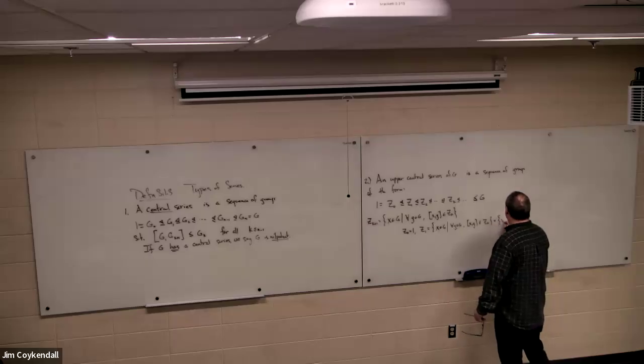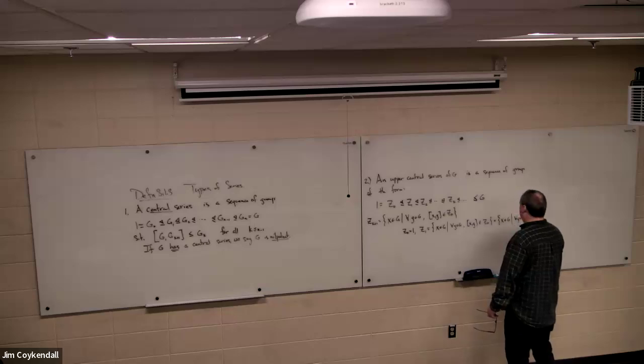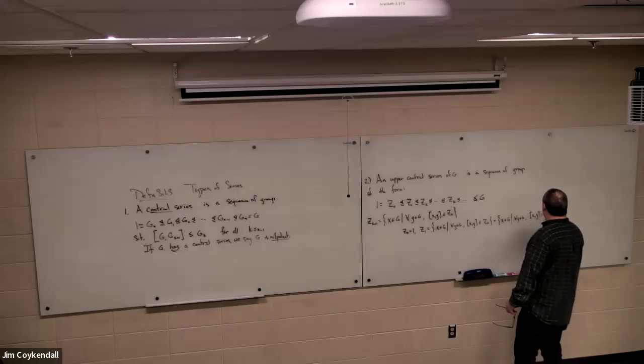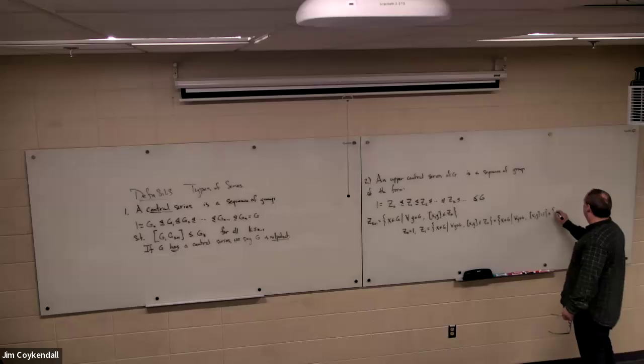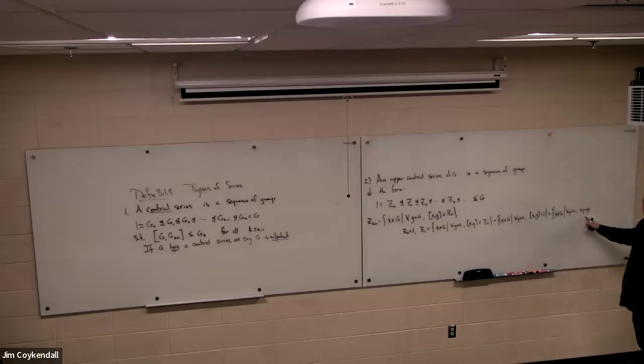So this is the set of x in G such that for all g in G, the commutator [x,g] equals 1. Well, let's take this apart a little further. This is the set of x in G such that for all g in G, xg equals gx. This is equivalent to the commutator of x and g being 1. Can somebody describe what Z1 is? Center. It's the center.